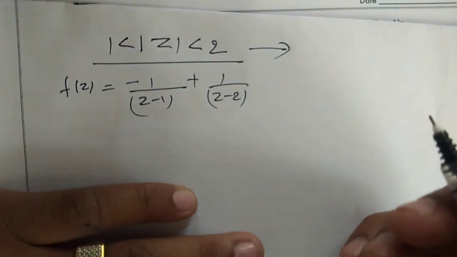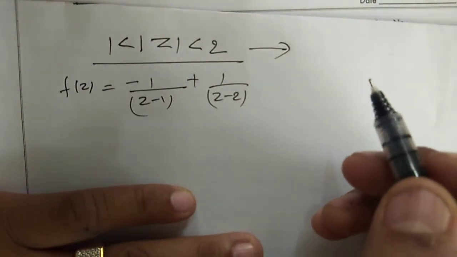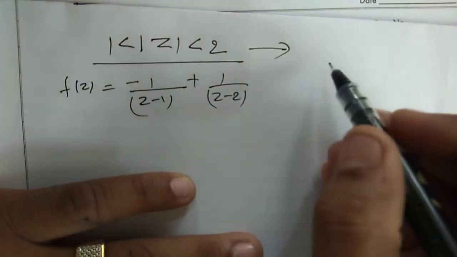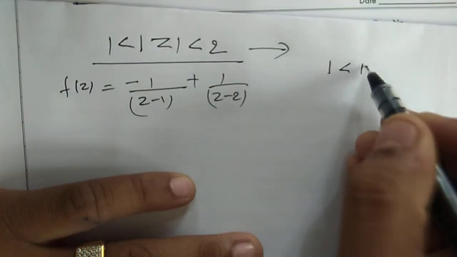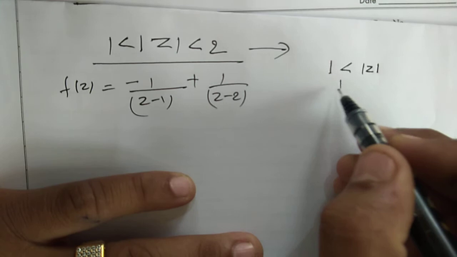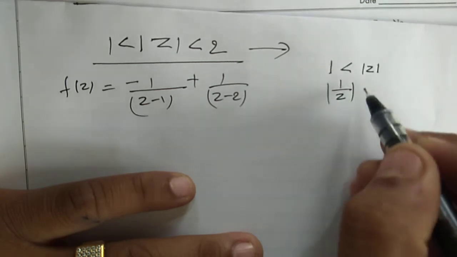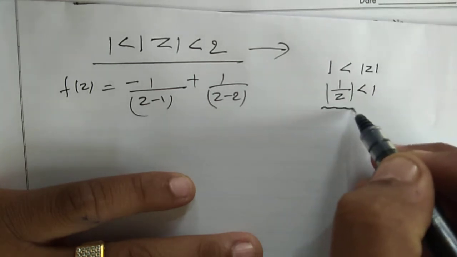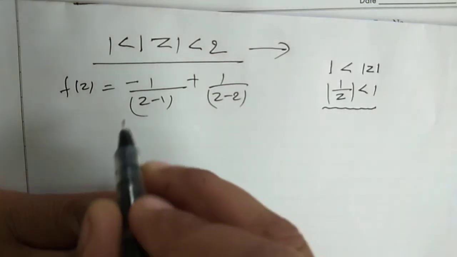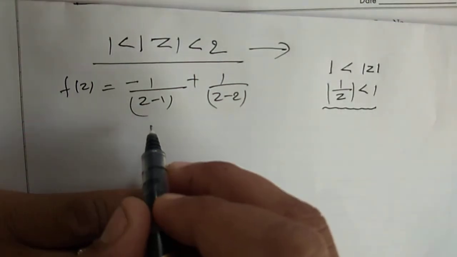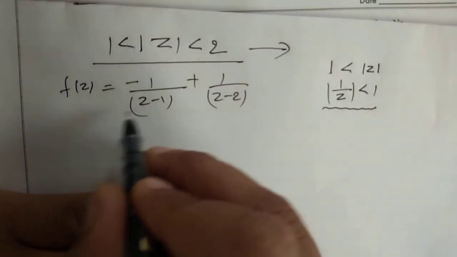Always you have to make the form 1 plus x, where x should be less than 1. So for the part 1 < |z|, 1/|z| < 1, so when we have this, 1/z you have to take common.